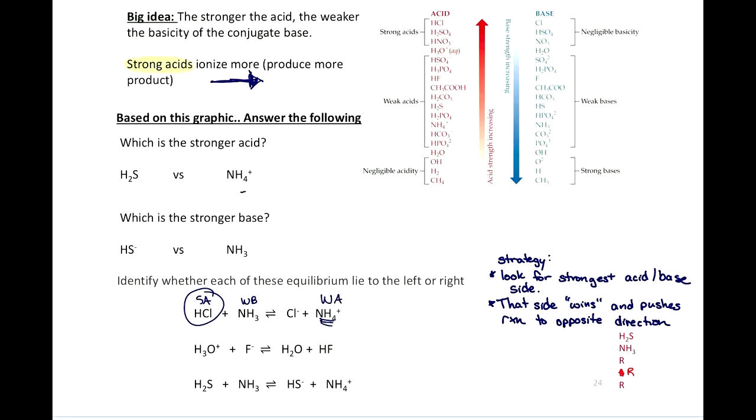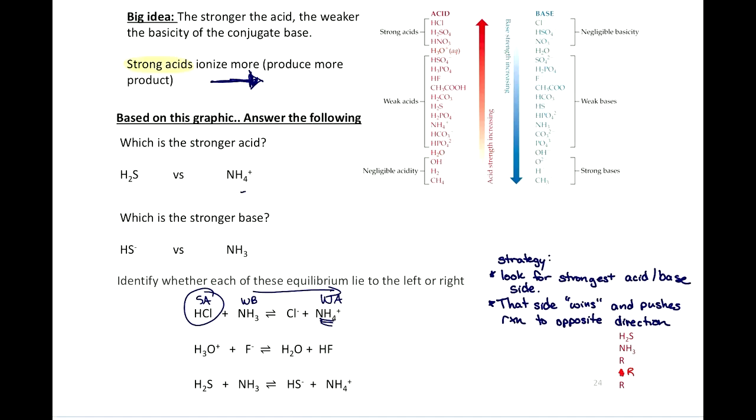Strong acids beat weak acids. So I like to think HCl wins, so it pushes the reaction to the right side of the equilibrium. If you were to make this mixture and look at it, you would find mostly chloride and ammonium present in that solution. You won't find any HCl. All right, so that's the idea.